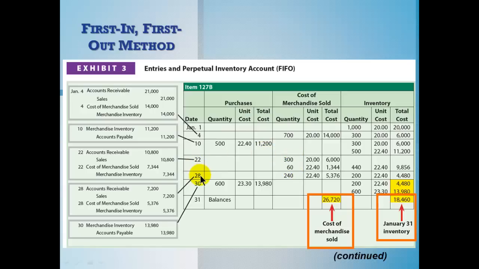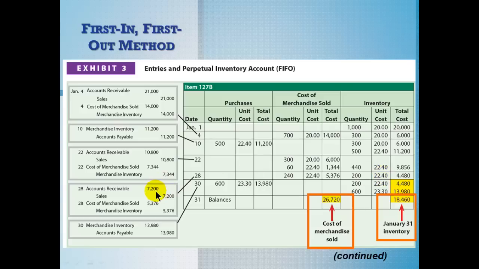Now, what do I do next in my business? I have yet another sale. And how many units did I sell? I sold 240 units. Where did they come from? Well, all that I'm left with is this one layer at $22.40. So that's where I take them from. I take them from this layer, and it reduces that sale of 240 units from this 440, leaves me with an inventory of 200 units at $22.40.